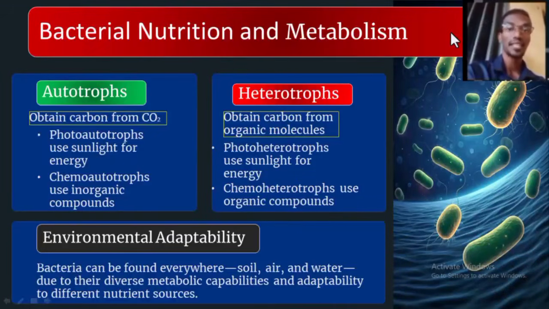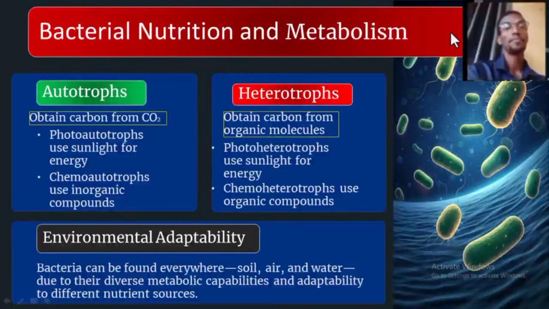So carbon from inorganic sources means, like, carbon dioxide is an inorganic compound. It does not contain hydrogen, so it's inorganic. So based on this, we can say that bacteria could be autotrophs and heterotrophs. Troph means feeding relationship. So they obtain the carbon from an inorganic source, and because of this inorganic source, they are known as autotrophs.